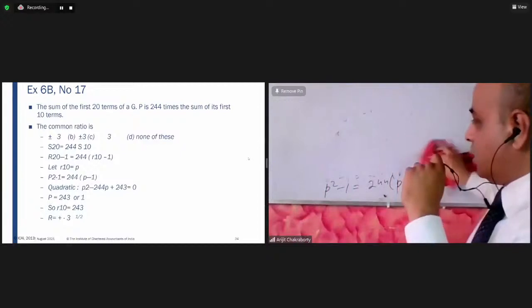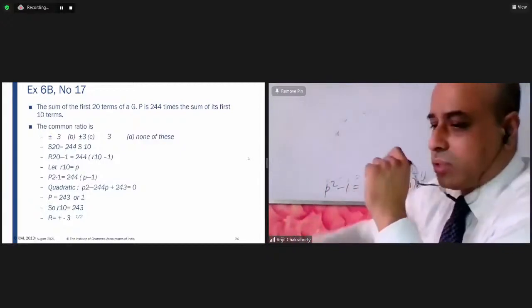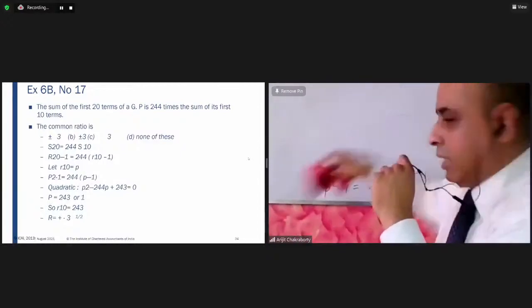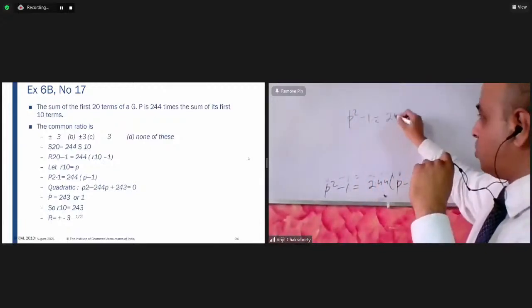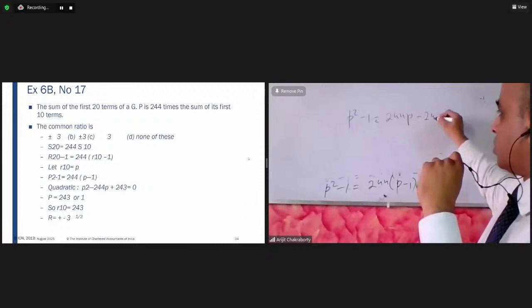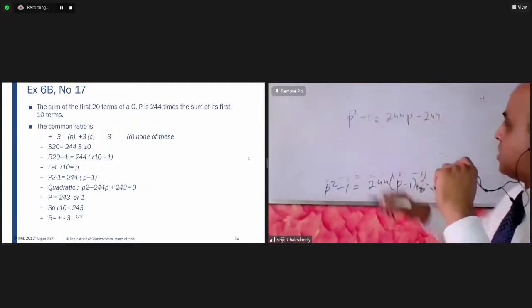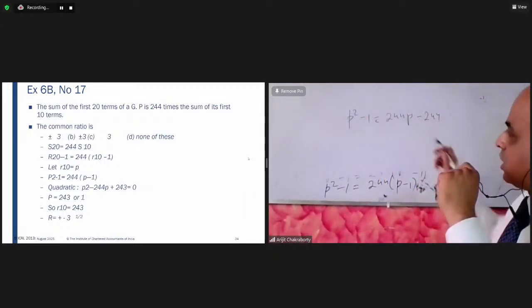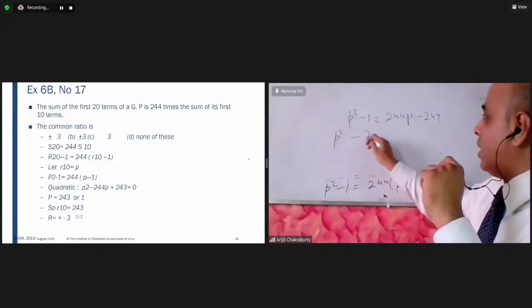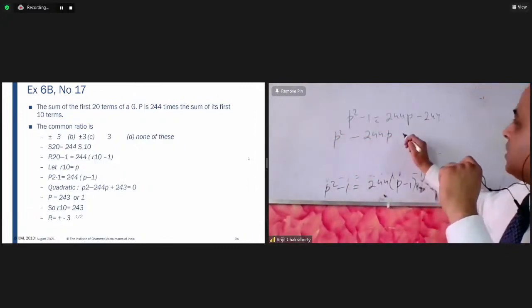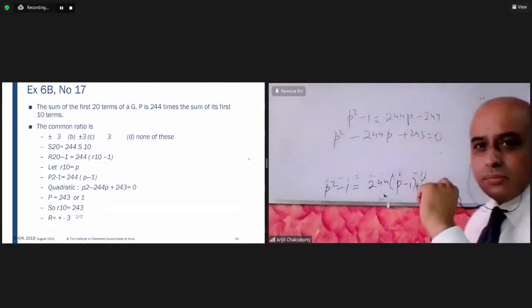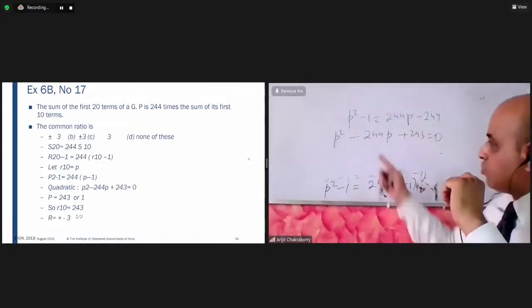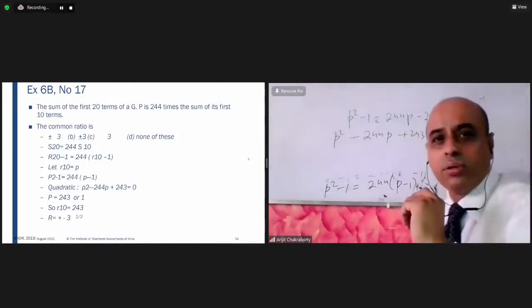P square minus 1 is equal to 244P minus 244. If I bring everything to the left hand side, I'm getting P square minus 244P plus 243 equal to 0.